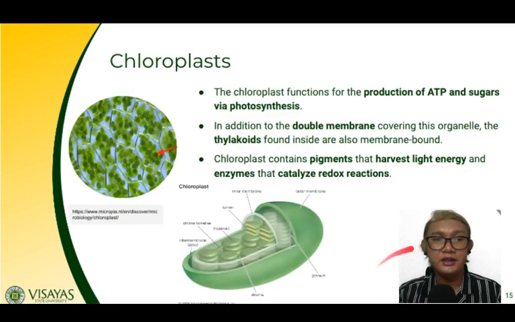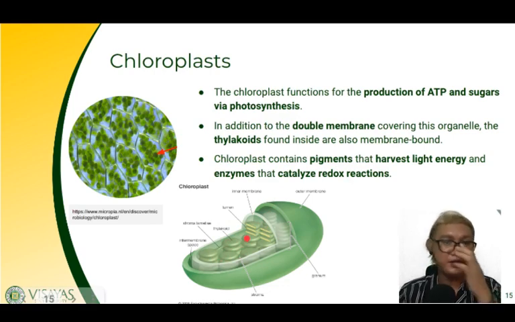Another organelle are the chloroplasts. So the chloroplast functions for the production of ATP during the light-dependent reactions and sugars during the light-independent reactions of photosynthesis. In addition to having a double membrane, it also has a membrane-bound thylakoid that is found inside.